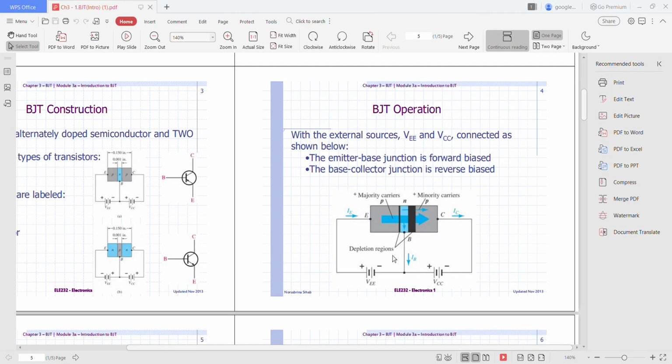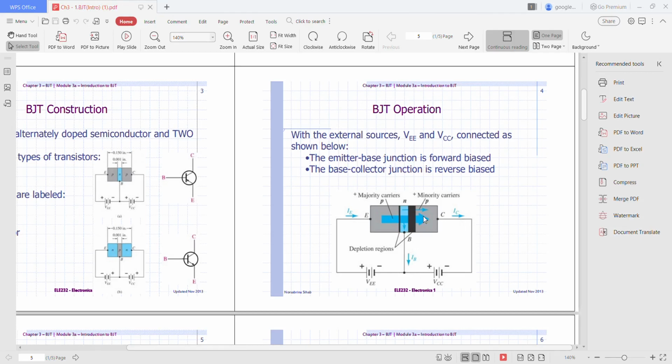So here, as you can see in this figure, the direction of current is moving from emitter to the base over here, and also to the collector junction over here.